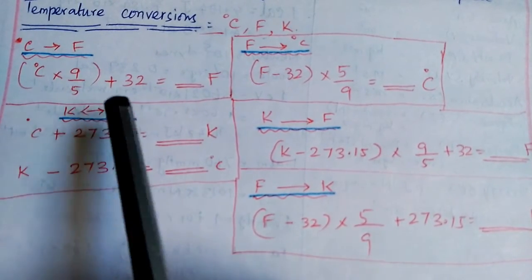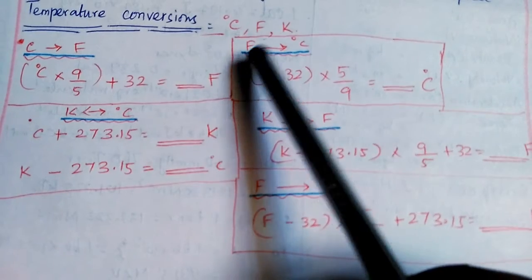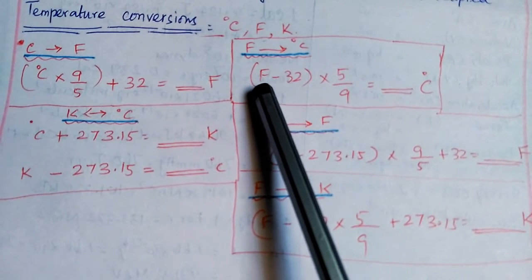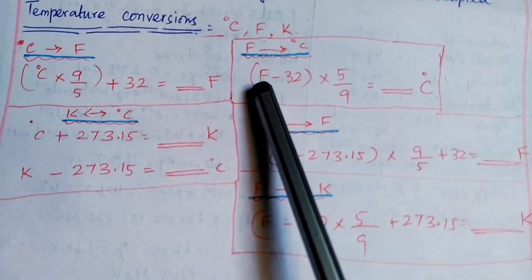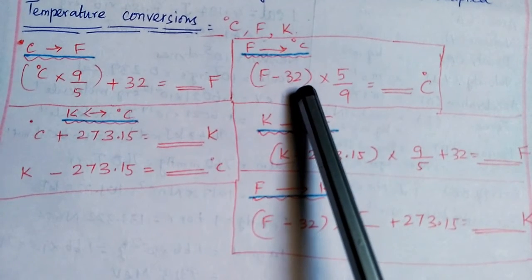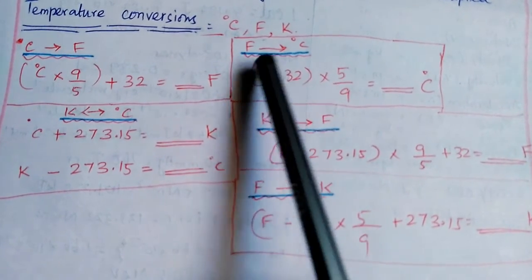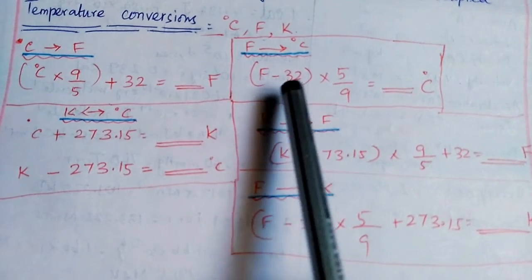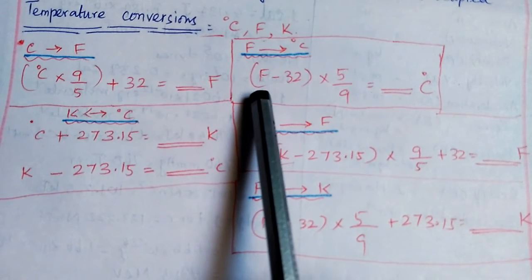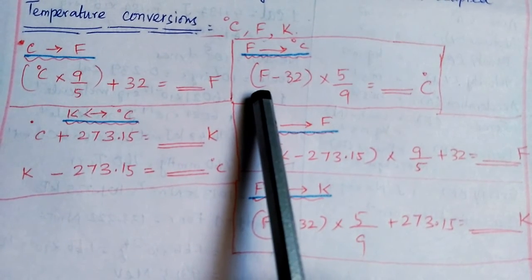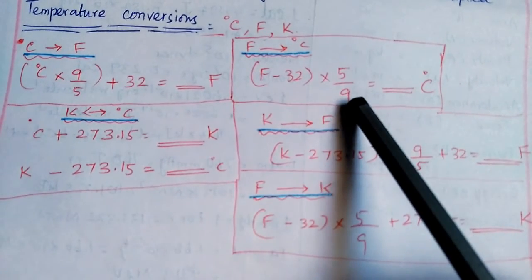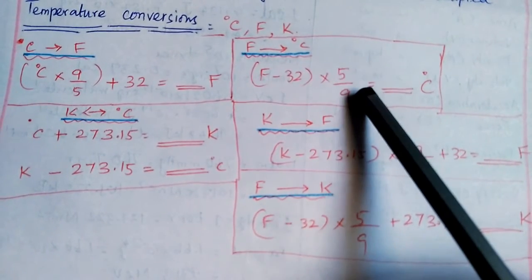Clear? Now how can we convert Fahrenheit into degree Celsius? In this case we have to substitute the Fahrenheit value, and that should be subtracted by 32. That may give us a positive or negative result. We should write what we are getting, and that value should be multiplied by 5 and divided by 9.